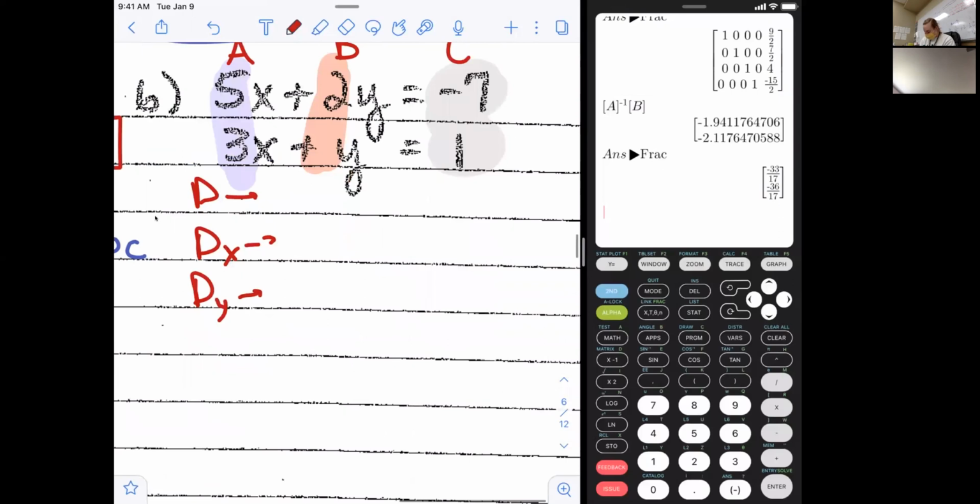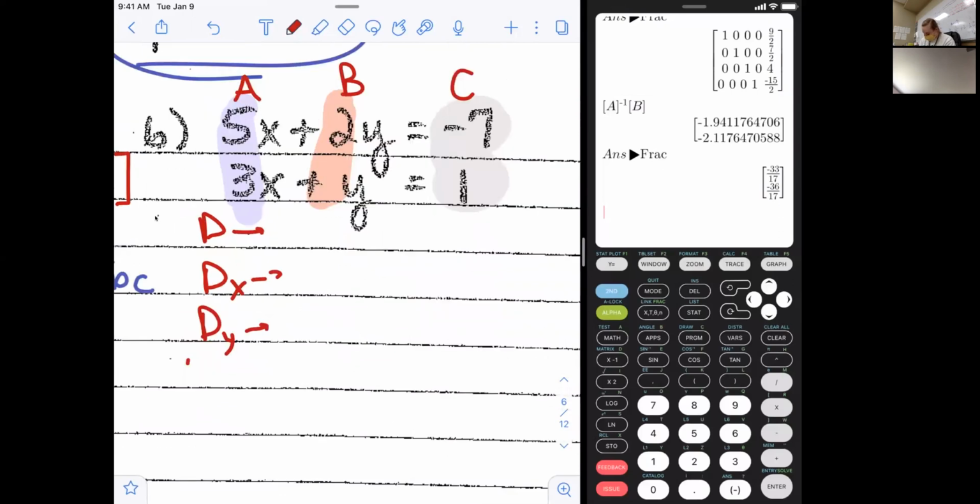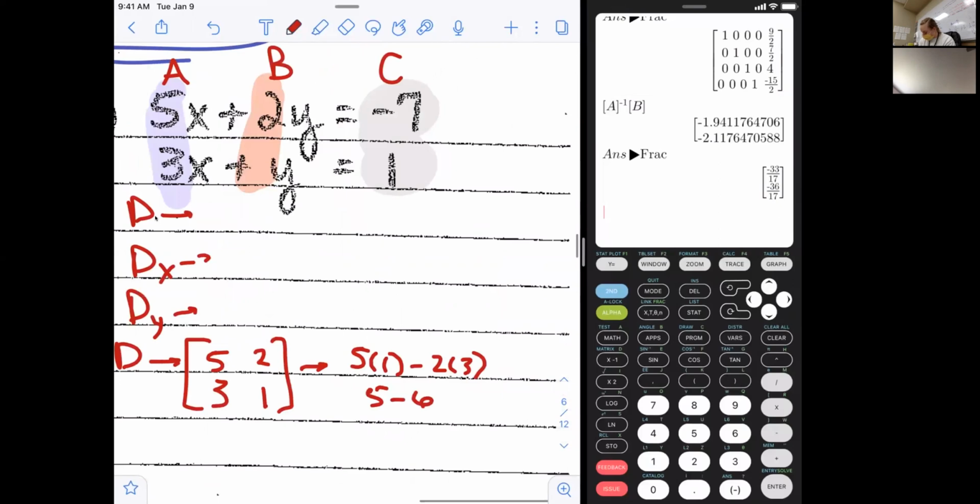D is my AB, so to find D, I have to do 5, 3 is my first column, 2, 1 is my second column. That's 5 times 1 minus 2 times 3. Is 5 minus 6 is negative 1. So D equals negative 1.